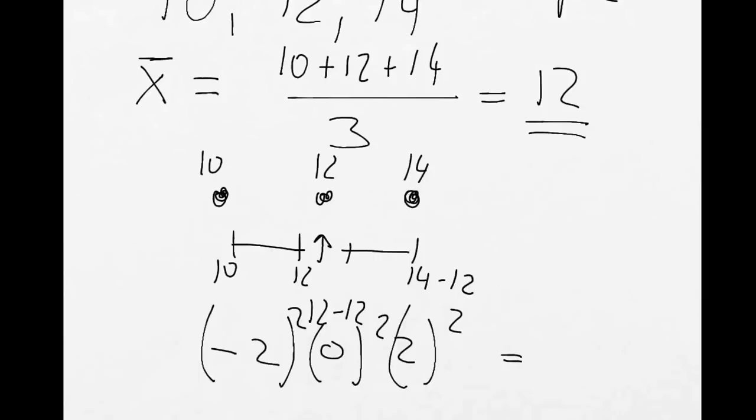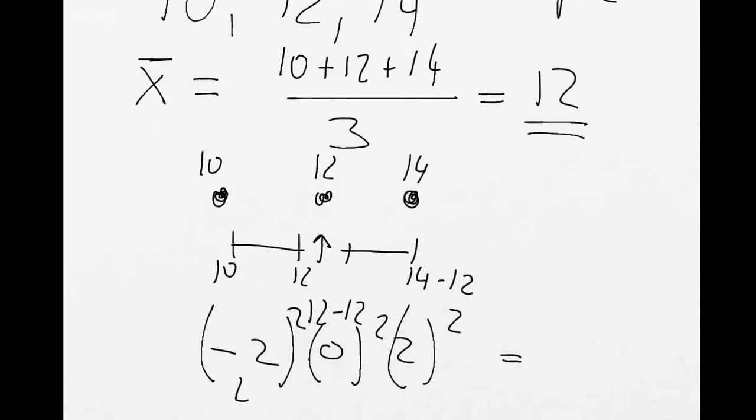It's a little bit like eye gouging in rugby. Good. Because whatever I square, it will always be positive. So what I would have here is 4 plus 0 plus 4, which, of course, in this case, gives me 8.